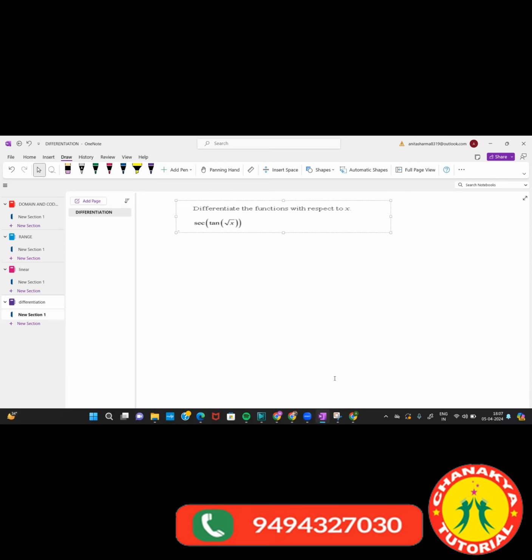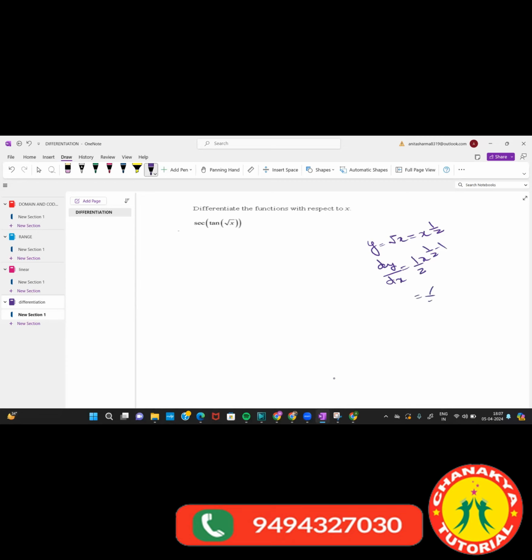Is it x or root x, beta? Root x, ma'am. See, for the differentiation of root x, you can let y equal root x, or write x to the power half. So you will apply the power rule. So dy by dx will be 1 by 2 x to the power half minus 1.